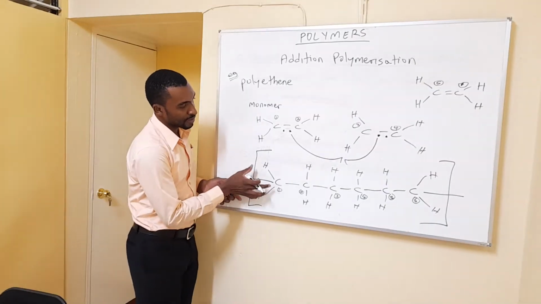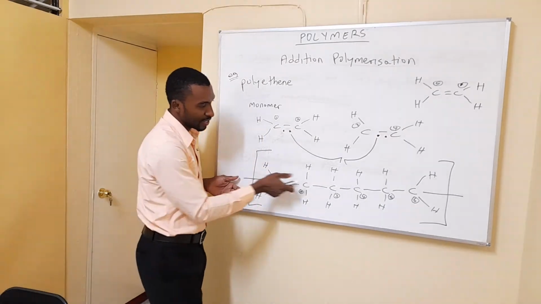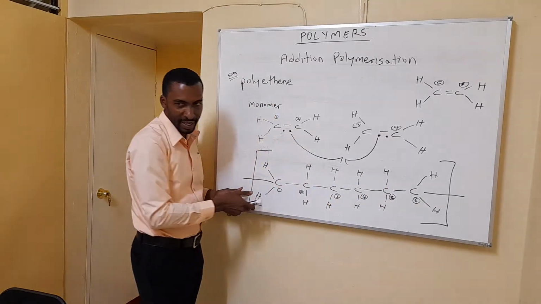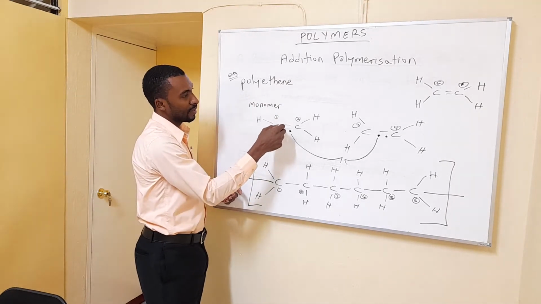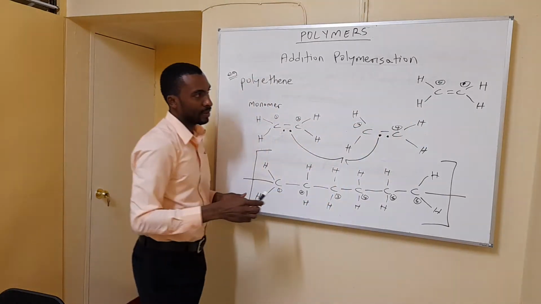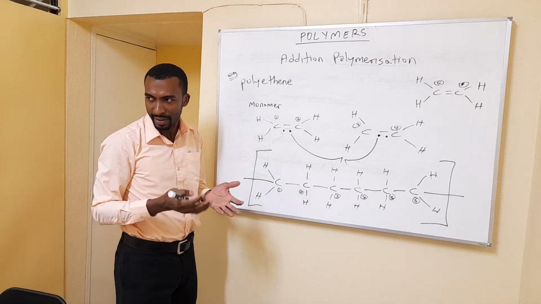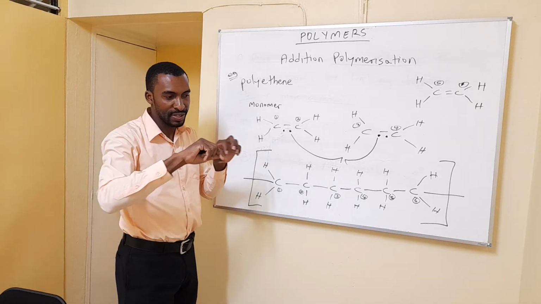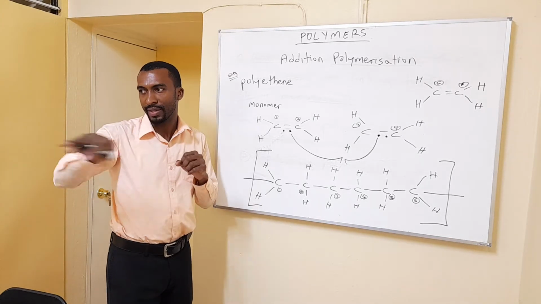So this structure that we are seeing here, as you can see, turns out to be a long chain alkane for polyethylene, right? Because the different monomers, which are all ethene molecules, will all join together to form a long chain hydrocarbon with all single bonds.